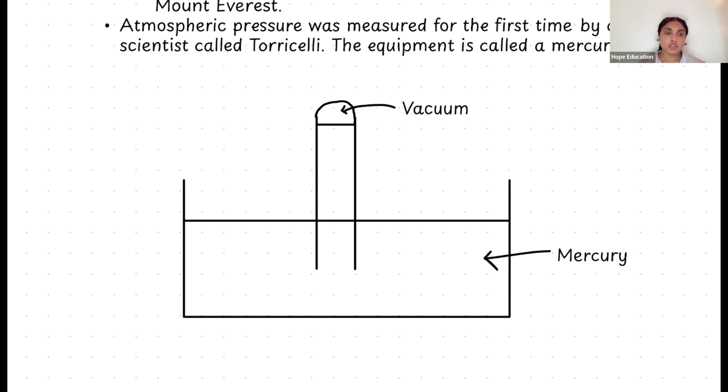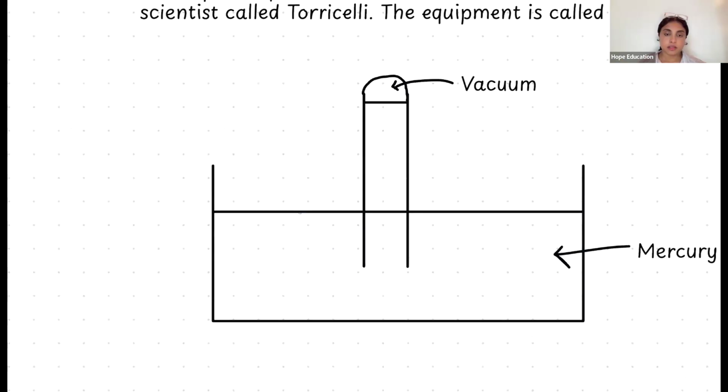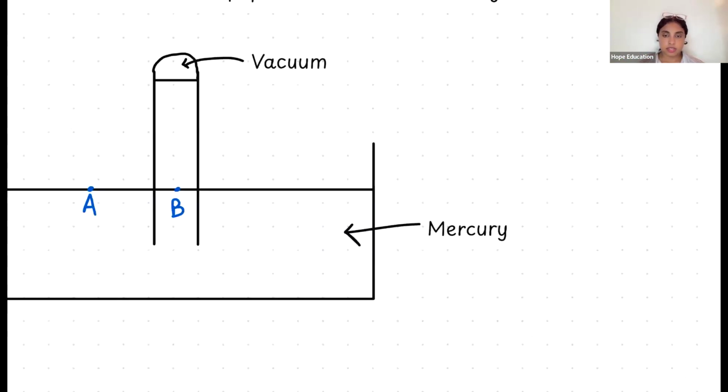Now let's consider two points. This is point A. This is point B. And mercury වල density එක අපි දැන්ට density rho කියලාම ගමුකෝ. Without using the value, I'll just use density as rho.